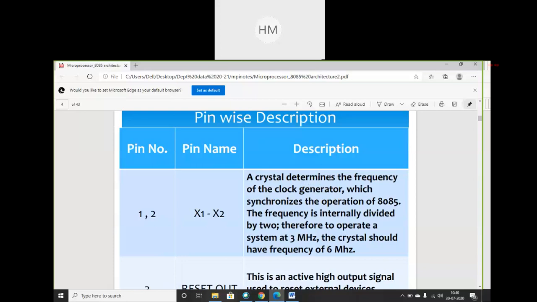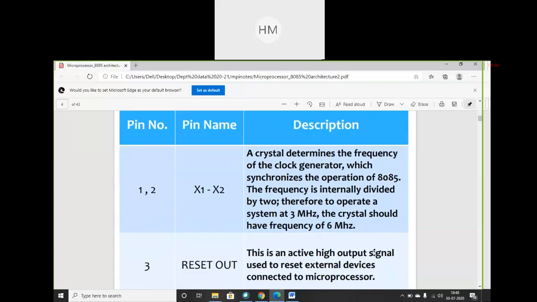So a crystal determines the frequency of the clock generator which synchronizes the operation of 8085. The frequency is internally divided by 2. Therefore, to operate a system at 3 megahertz, the crystal should have a frequency of 6 megahertz. Is it clear? Any doubt?